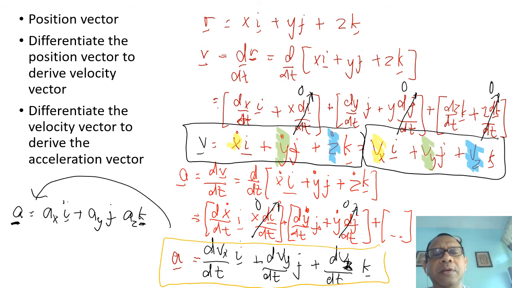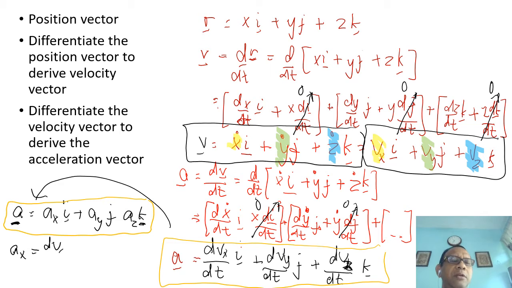So that is the expression for acceleration. Individually we can say that ax equals dvx over dt, and ay equals dvy over dt, and az equals dvz over dt.